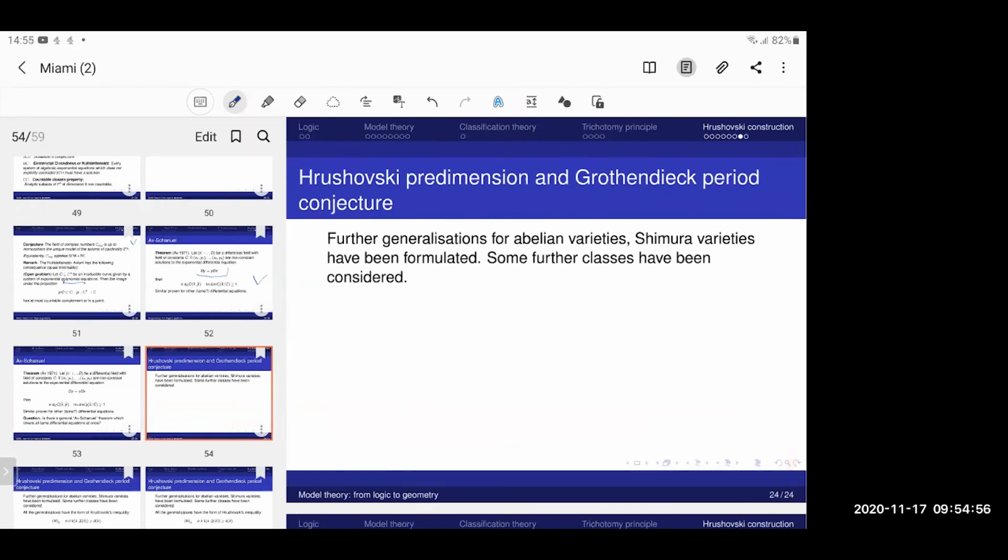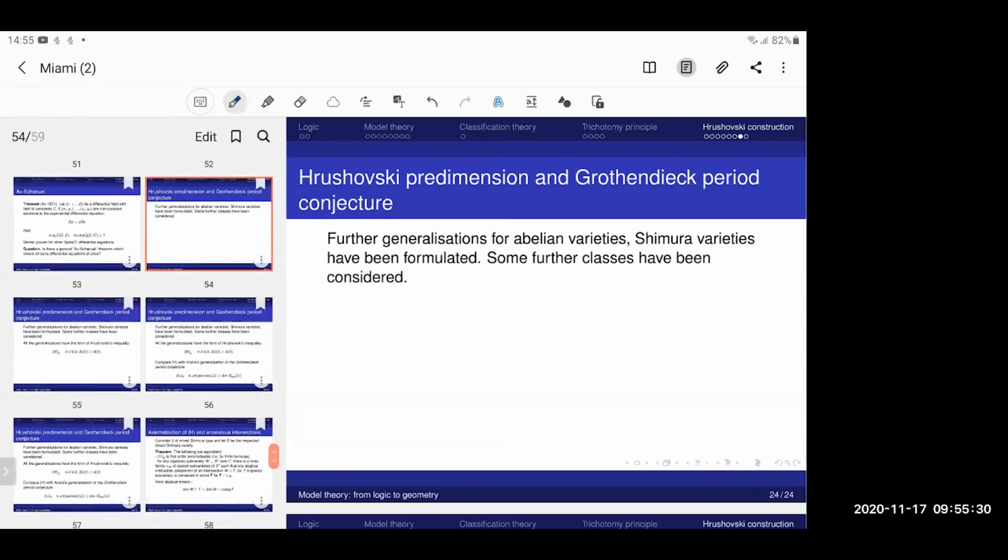Okay, and finally, you see, we already mentioned that this Hrushovski predimension is of very general type, and because we have a lot of examples also of this phenomenon in mathematics, we can ask, what does this suggest for mathematics, for geometry?